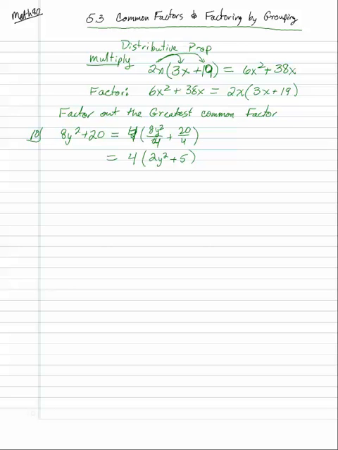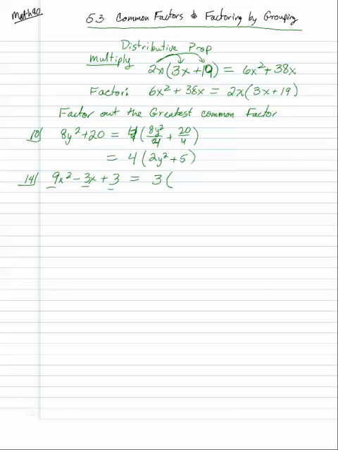Alright, let's try number 14. And 14 is 9x squared minus 3x plus 3. So what term divides in all 3 terms? And so 3 goes into all of them. So you write the 3 down. And now you divide out 3 from each term.